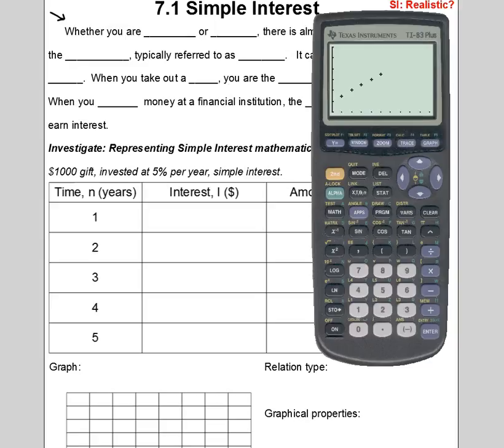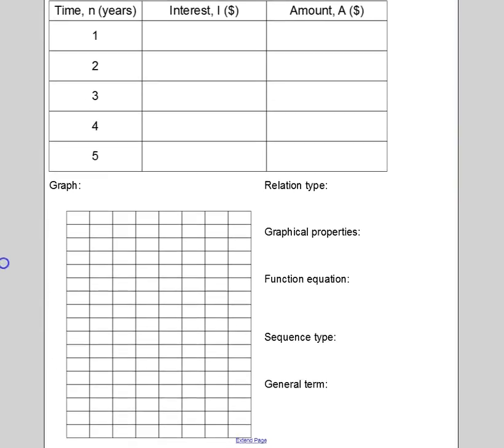So now we can start to construct some information in the rest of this worksheet below. So if we look down here, the relation type would be linear. We're plotting A versus time n. It's linear. It's a partial variation.